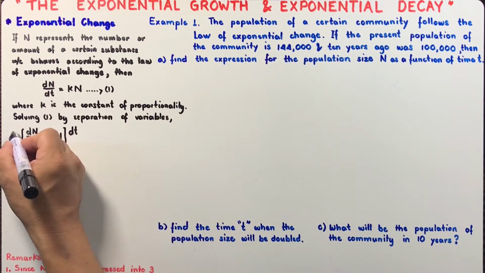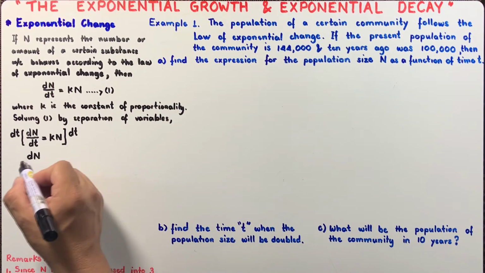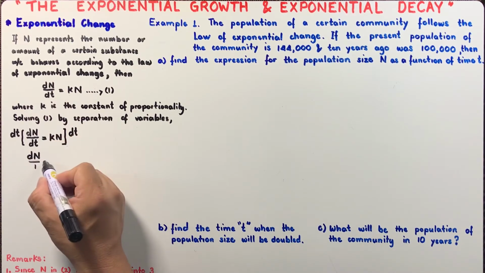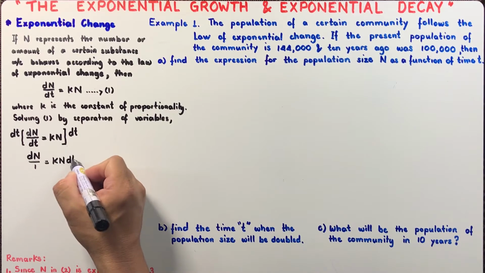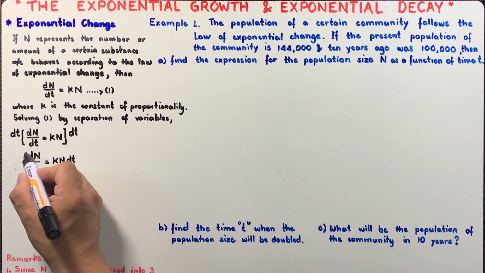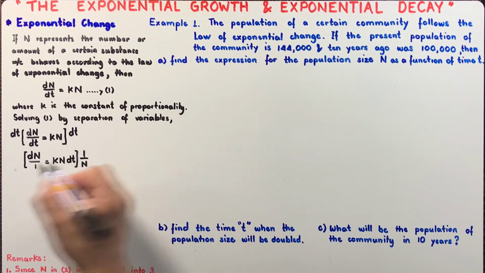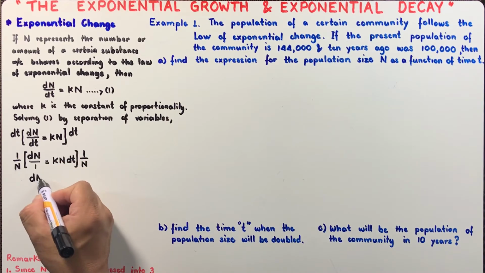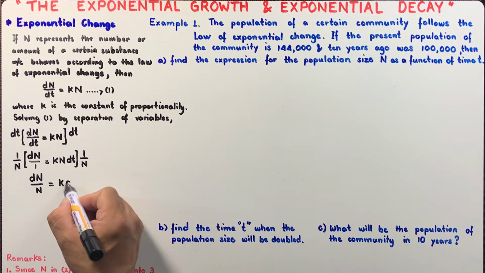So multiplying by dt, we have dN, because the dt will be cancelled, equal to kN times dt. And since we want the big N on the left to group them as one, we need to multiply both sides of the equation by 1 over the big N. So we have dN over N equal to k dt.